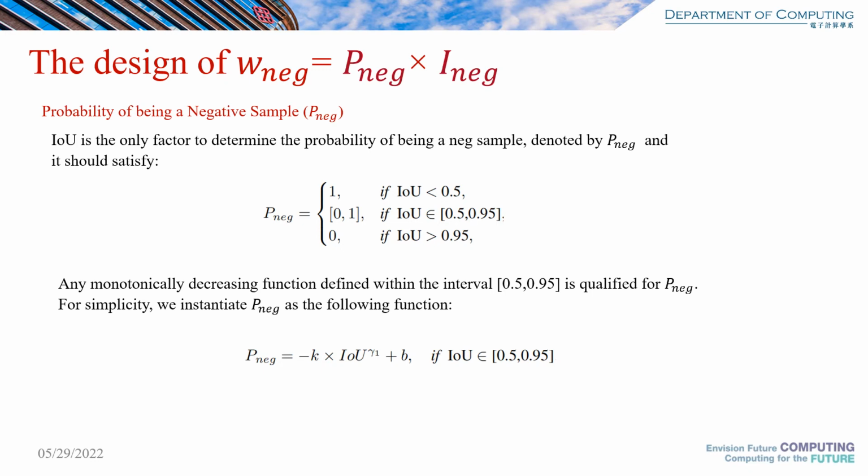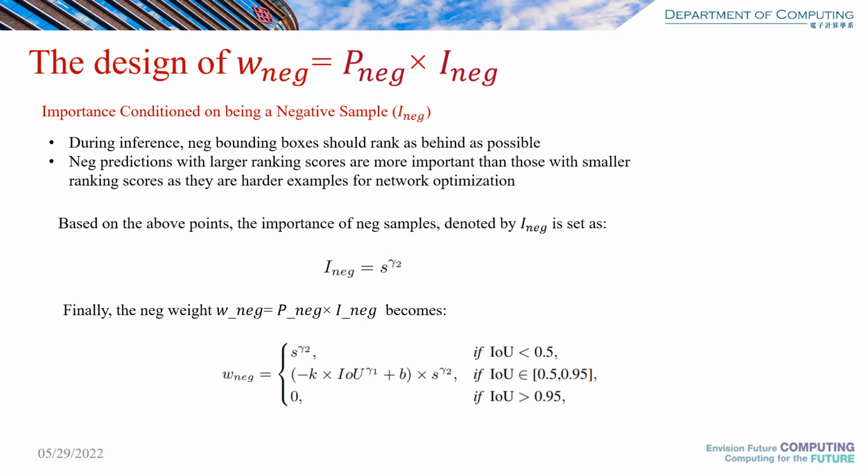When IoU is smaller than 0.5, P negative is 1. When IoU is from 0.5 to 0.95, P negative should range from 1 to 0. When IoU is larger than 0.95, P negative is 0. For simplicity, we instantiate P negative as a linear function.